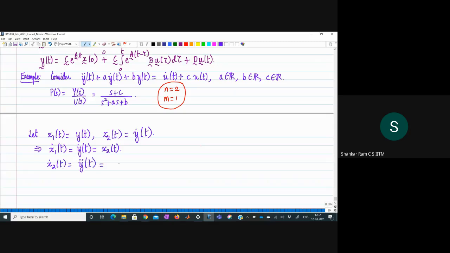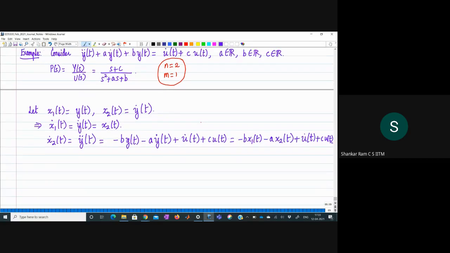From the governing equation, it's going to be minus b y minus a y dot plus u dot plus c u. So this can be written as minus b x1(t) minus a x2(t) plus u dot(t) plus c u(t). Is it not this one?